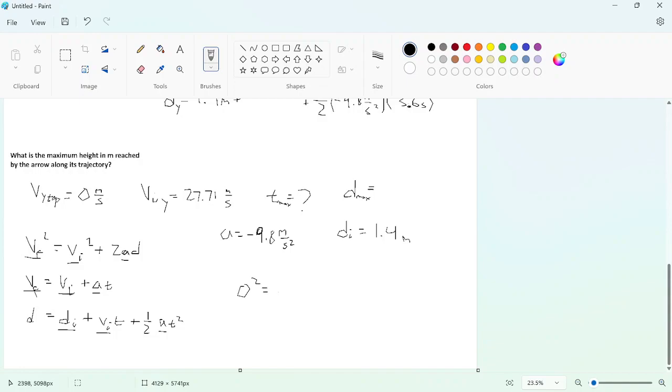0 squared is equal to 27.71 squared plus 2 times the acceleration, negative 9.8, times the distance.